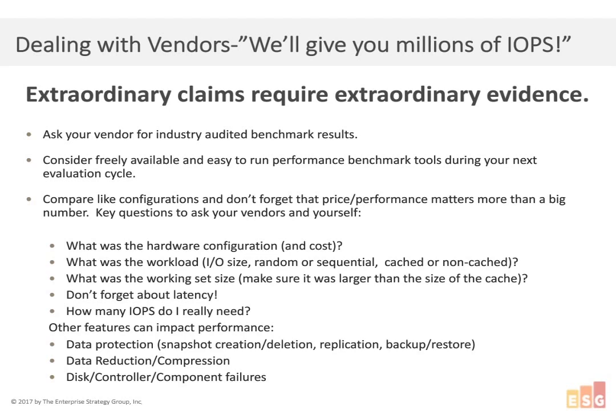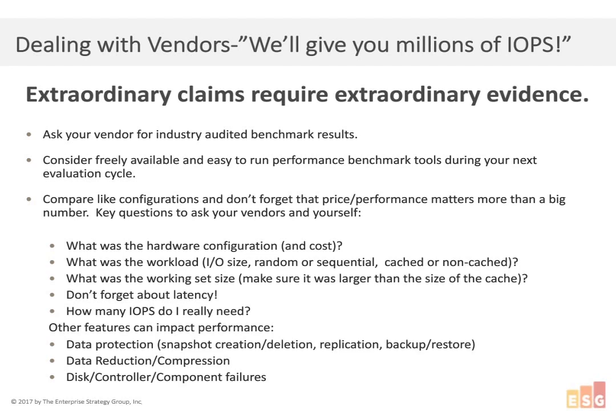And keep in mind that you're probably going to be more concerned with price performance, what do I get for a given dollar value, rather than where do I get the biggest number from. When you're looking at published numbers and published claims, right? Make sure that you understand what the hardware configuration and cost was.